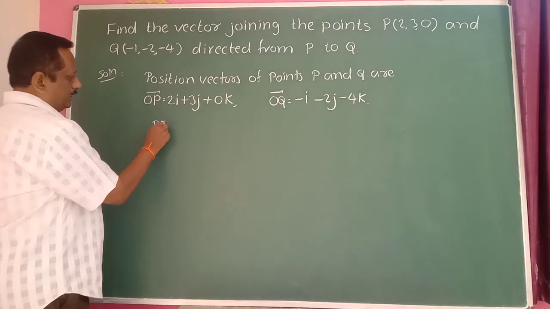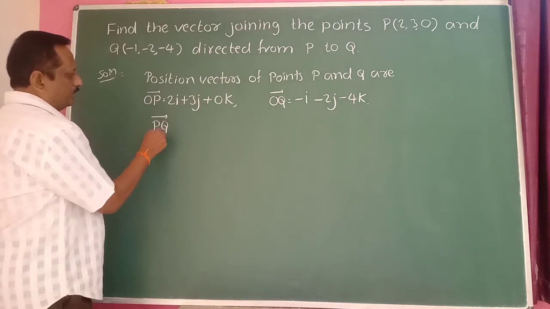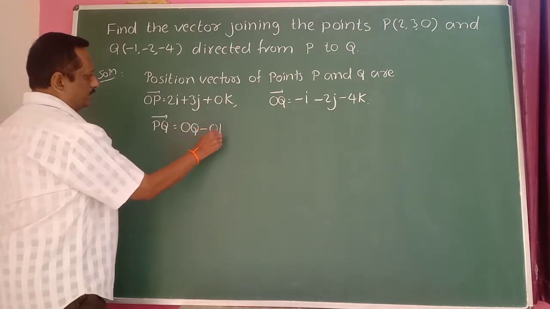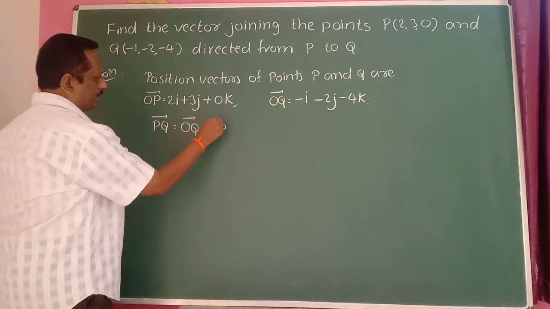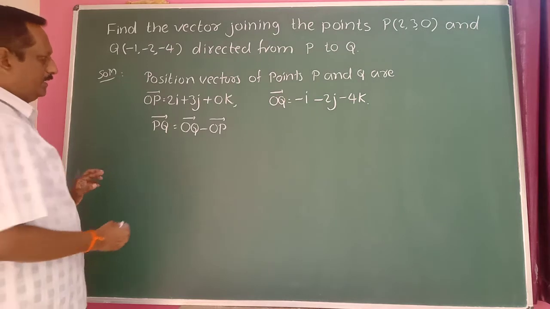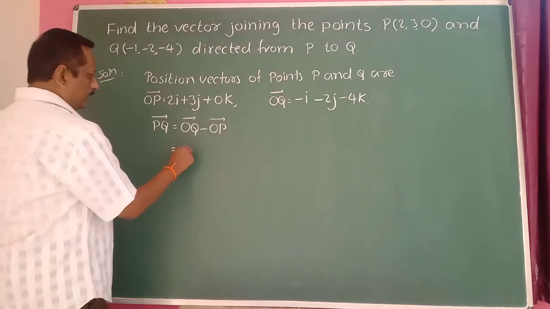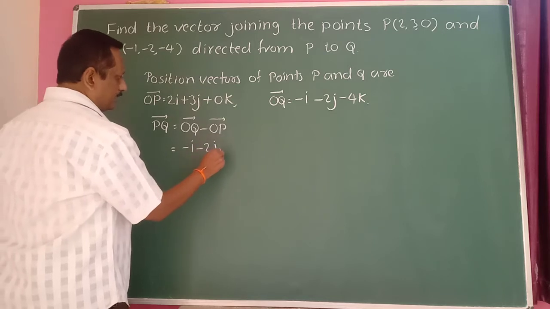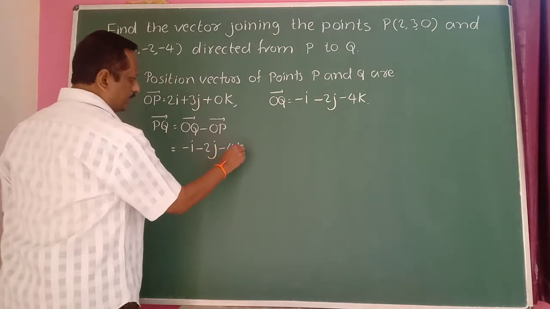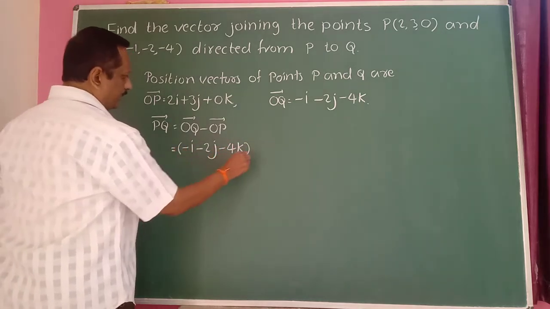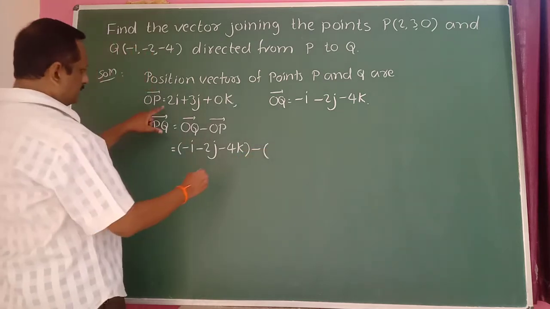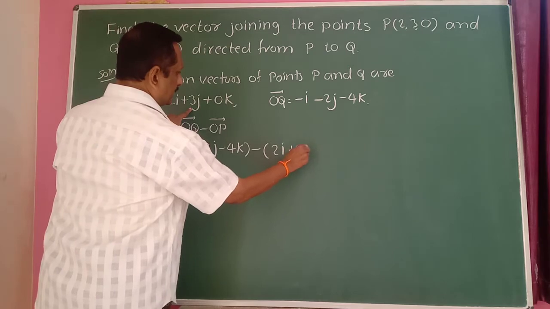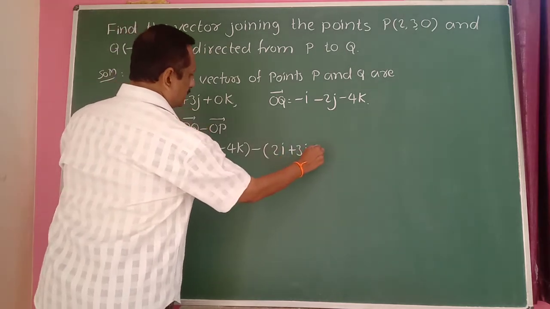Therefore, the required vector PQ is given by OQ minus OP. This is equal to minus i minus 2j minus 4k minus (2i plus 3j plus 0k).